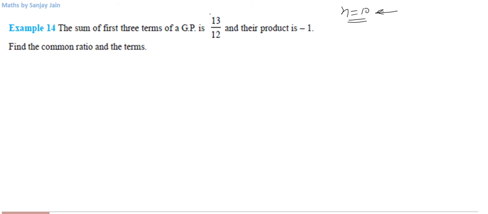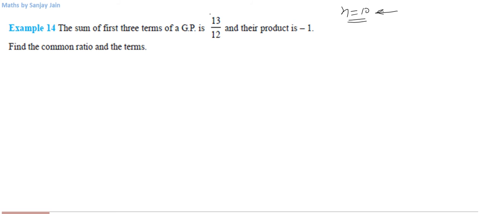Right? If I take 4R common, it will give me 3R plus 4, and then if I take 3 common, 3R plus 4. So the factors are, let me change the color. What are the factors that I've got? I've got 3R plus 4 into 4R plus 3 equals 0.